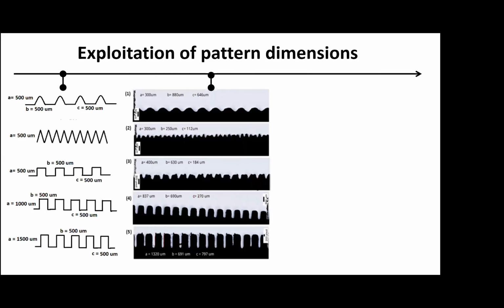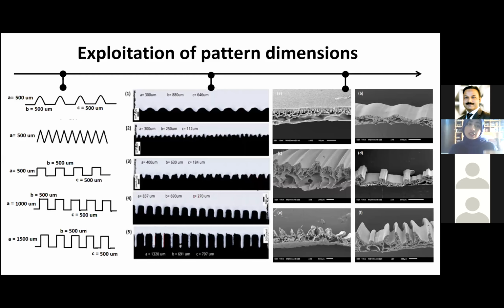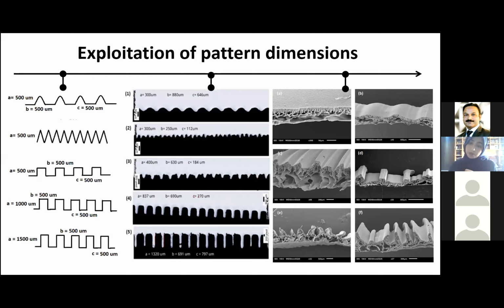All of these membranes resulted in the typical asymmetric morphology, which we always expect for phase inversion-based membranes. And it was very interesting that the morphology was not changing even by patterning.